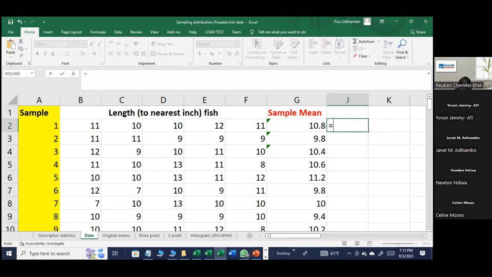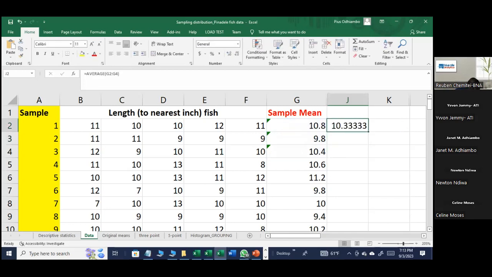Then you use the usual average, and you select the first 3, close the brackets, and press enter. Now when I select this, you can see it has taken the average of these 3.